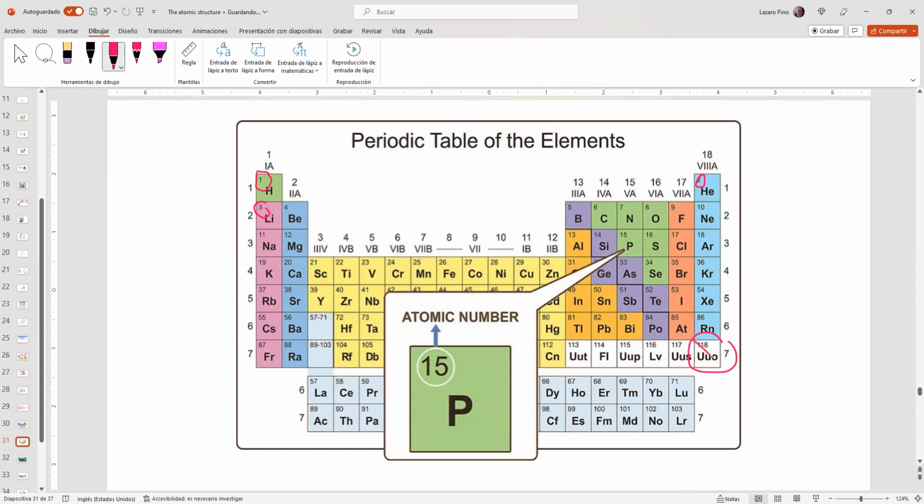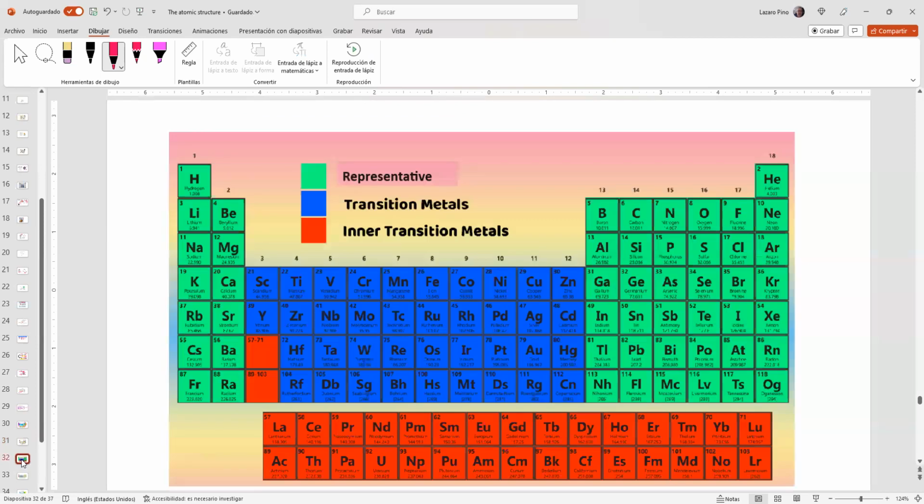It is supposed to be here, but nobody has discovered this element yet. Then be careful. The periodic table is in the increasing order of the atomic number.